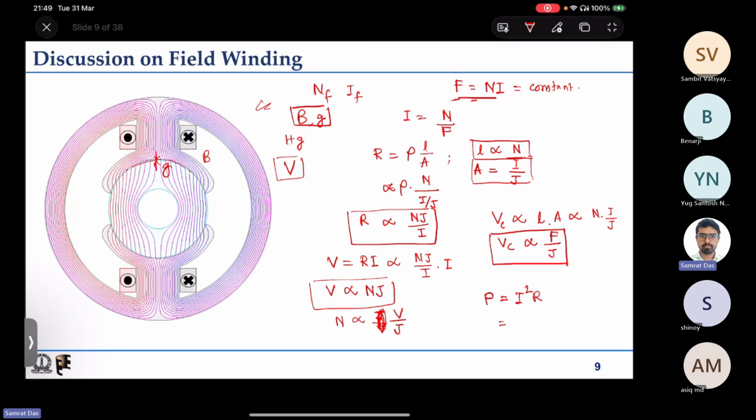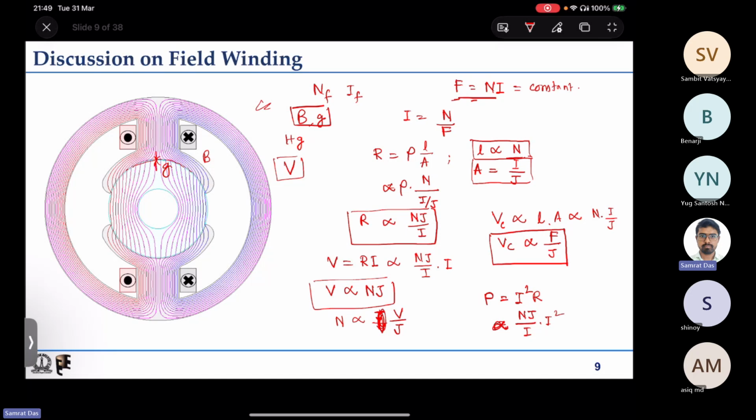I equal to, we'll try to represent them using some constants. So I equal to, which one do we use? So resistance, let us first put the resistance. Resistance is proportional to N into J by I. R, the resistance, is proportional to NJ by I, we'll put that. So this is resistance and I is I square.